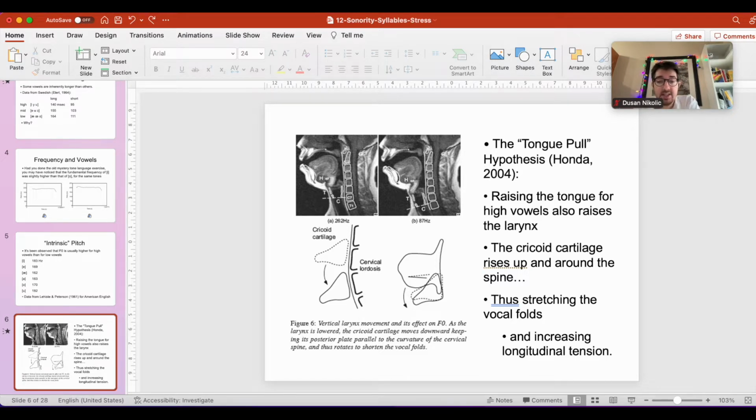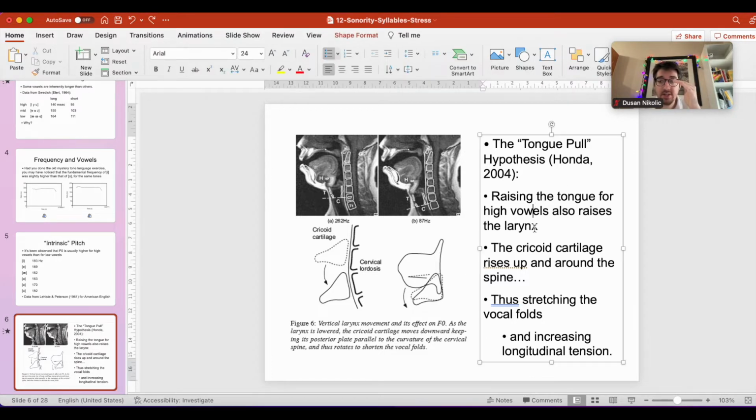What this means is basically that you're raising your tongue for high vowels, and when you're raising your tongue, you're also raising the larynx, right? The cricoid cartilage rises up and around the spine, thus stretching the vocal folds. These are the vocal folds, and the cricoid cartilage is stretching those, not literally, but they are being stretched, right? They're being more tense, and that's how you produce high vowels and increase the longitudinal tension.